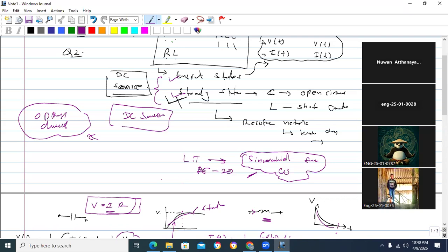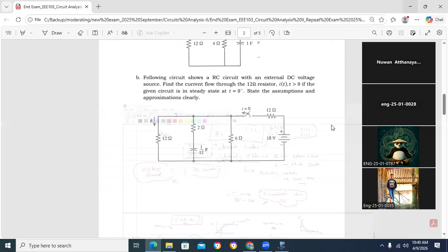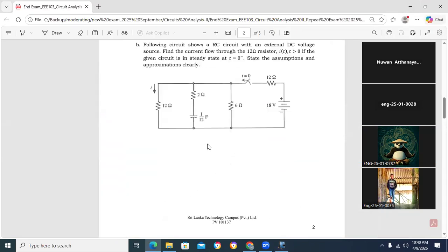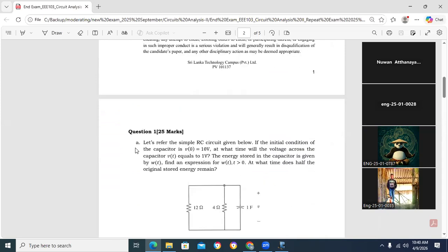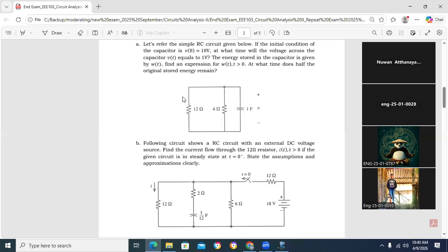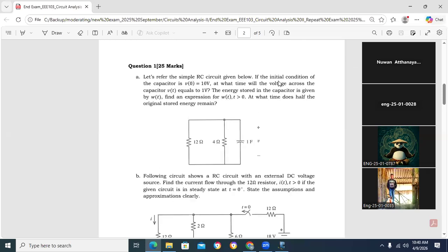Okay. Now we will move to the paper. So this is the first question, and in your paper also, the first question will be exactly like this. Sometimes it can be different.